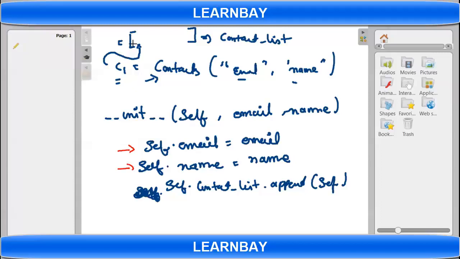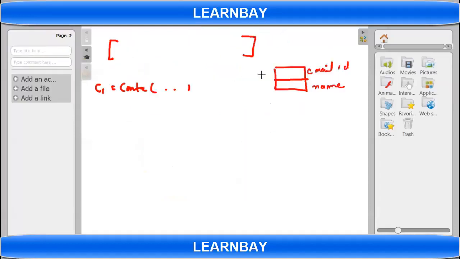When you write C1 equal to contact, the constructor will get called, and then that constructor will internally call underscore init, because you implemented underscore init in your class, right? So you got this memory already for email and name, and now you are going to initialize it using assignment.